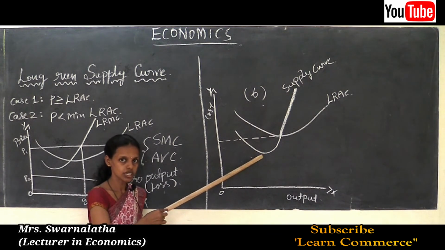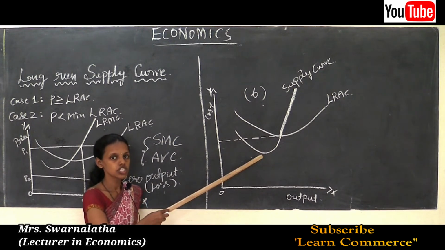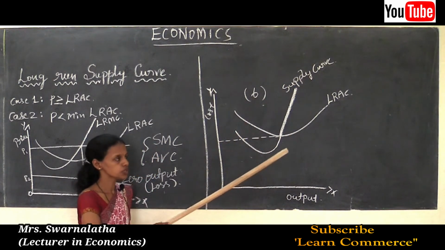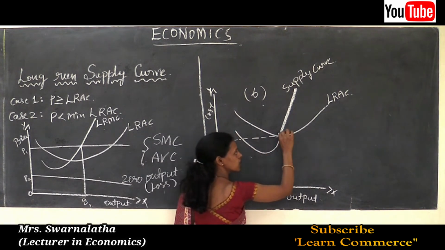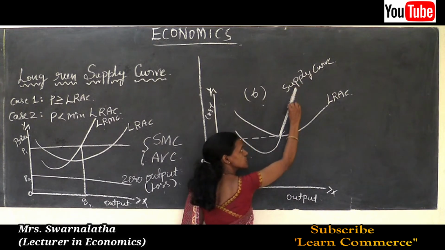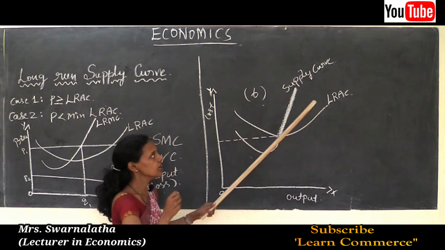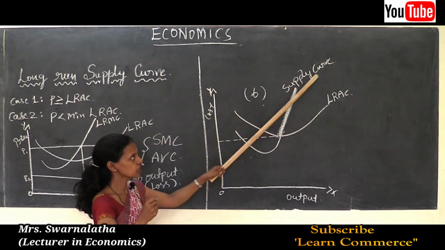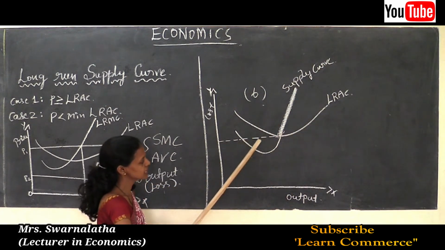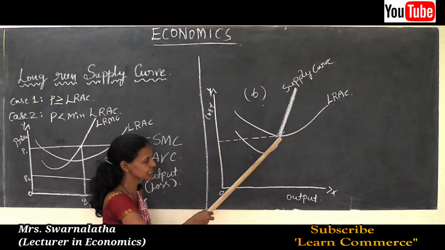In the short run also, the rising part of short run marginal cost is the short run supply curve. In the long run also, the rising part of the long run marginal cost curve shows the supply curve. These curves intersect at a particular point called E.